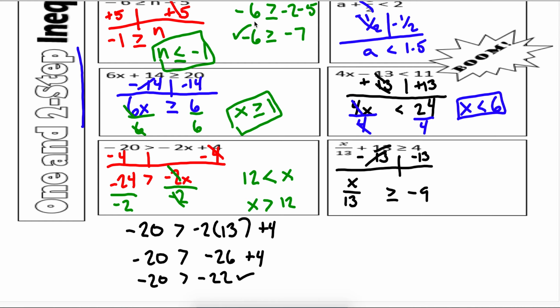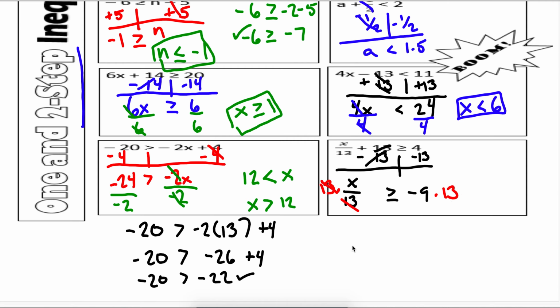Not done yet. We've got to get rid of this 13 here. We are dividing by 13, so instead of dividing by 13, what do we have to do? Well, it's the opposite of division. The opposite of division is multiplication. So we need to multiply both sides by 13.